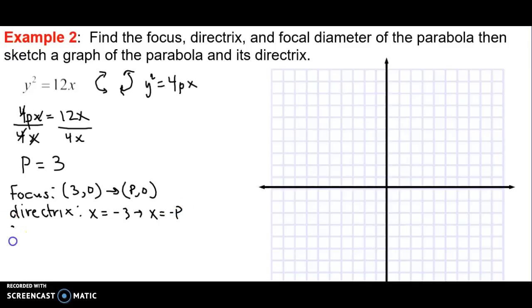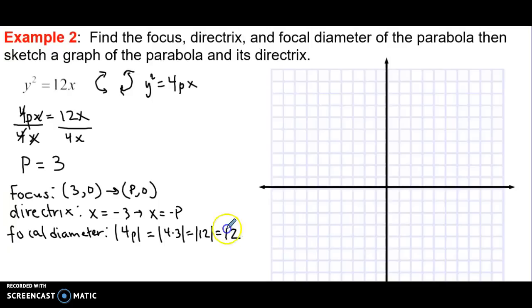The last thing I want to look at is my focal diameter, which is simply trying to figure out the absolute value of 4p. So remember, our p is +3, so the absolute value of 4 times 3, which is the absolute value of 12, which is 12.